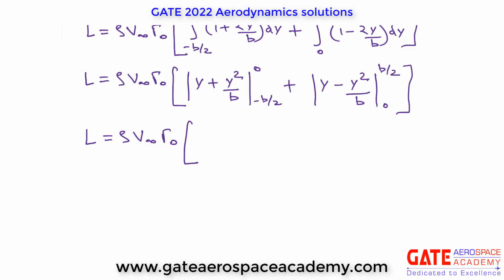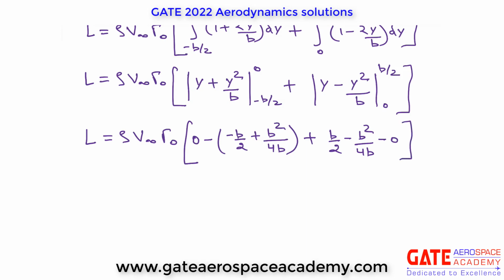So upper limit is 0, so it will be 0, minus lower limit, minus b by 2, plus b square upon 4b, plus again upper limit is b by 2, so b by 2 minus b square by 4b, minus lower limit, that is 0. So this will get cancelled out.